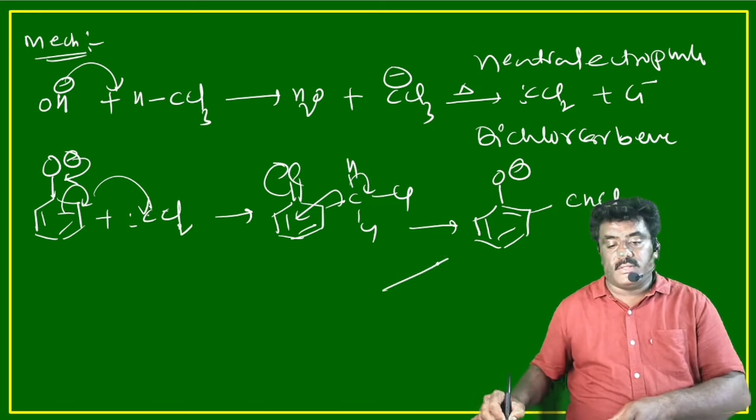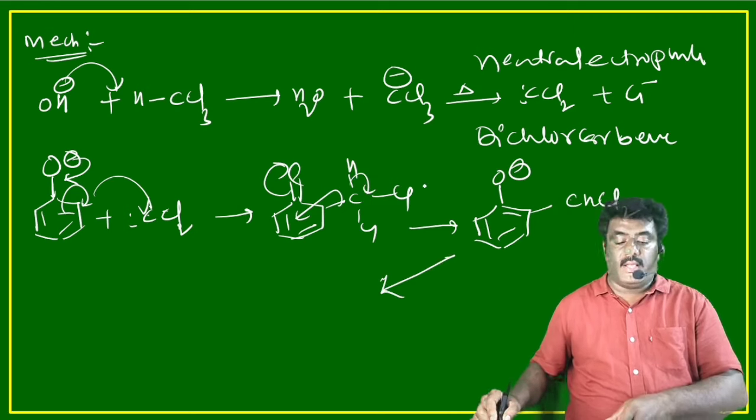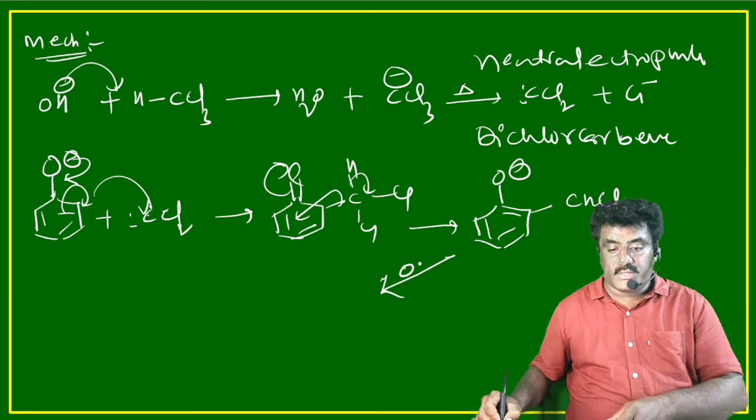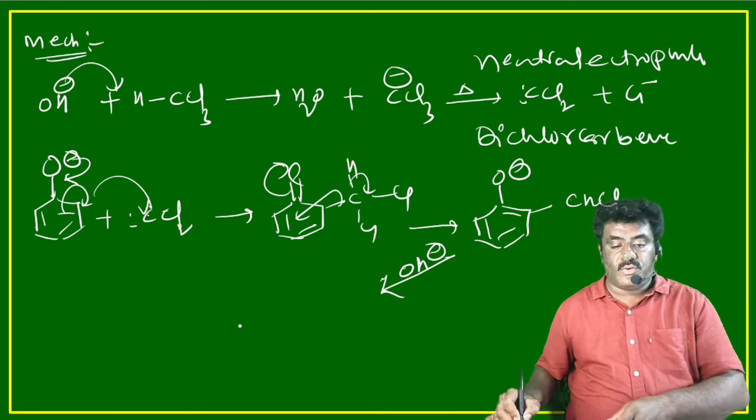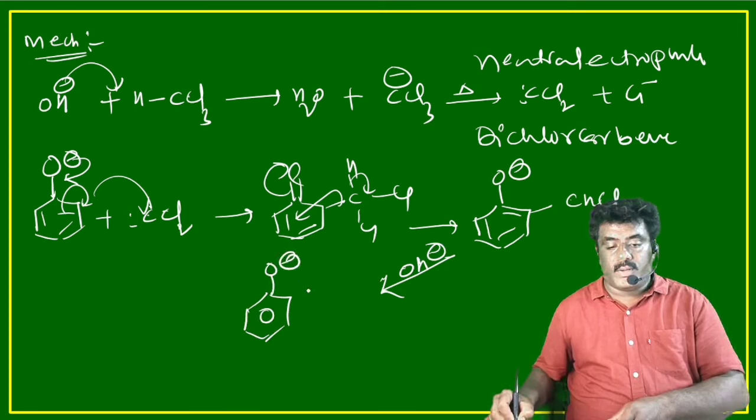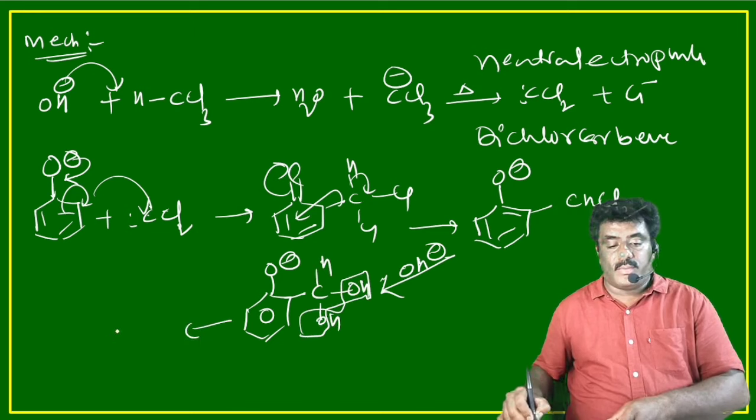So this CHCl2 in presence of OH minus, what does it form? See, O minus. So the chlorine is substituted by OH, to form a diol. It is unstable. It loses water to form a CHO.